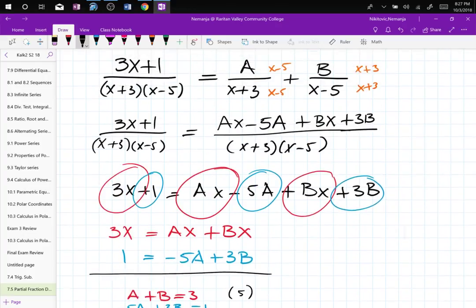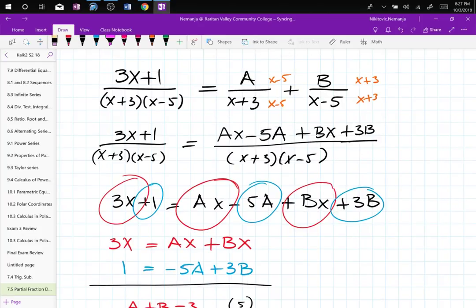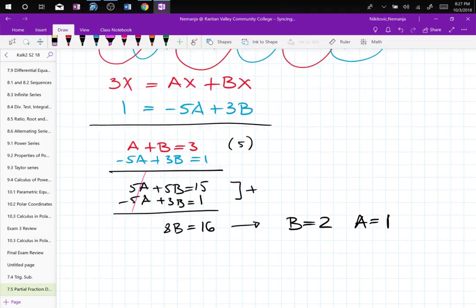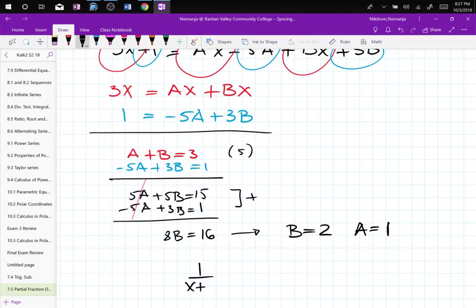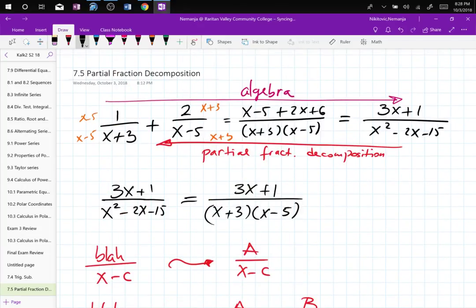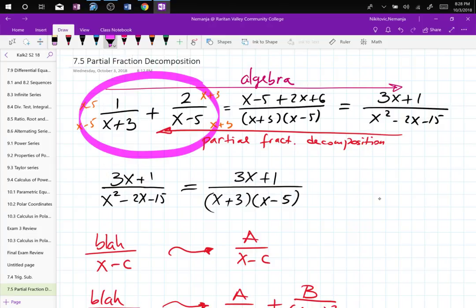So now we go in our substitution over here, and we just plug in a is 1. So that's going to be 1 over x plus 3, plus b is 2 over x minus 5. And now, when we scroll all the way up, that's exactly where we started, right?